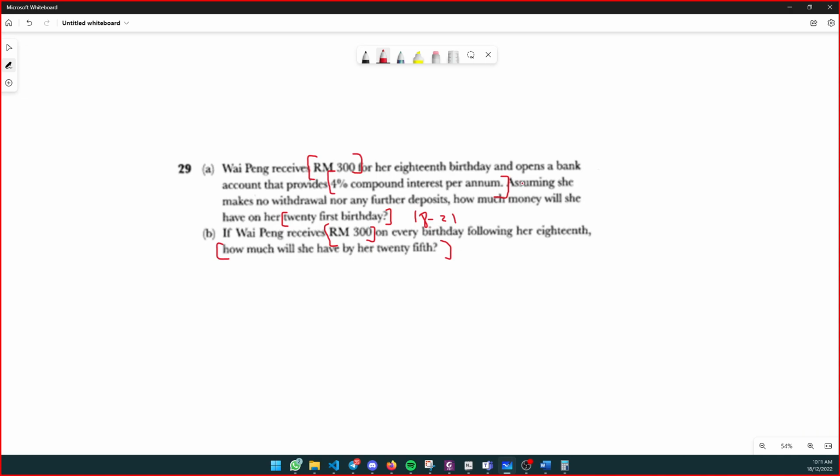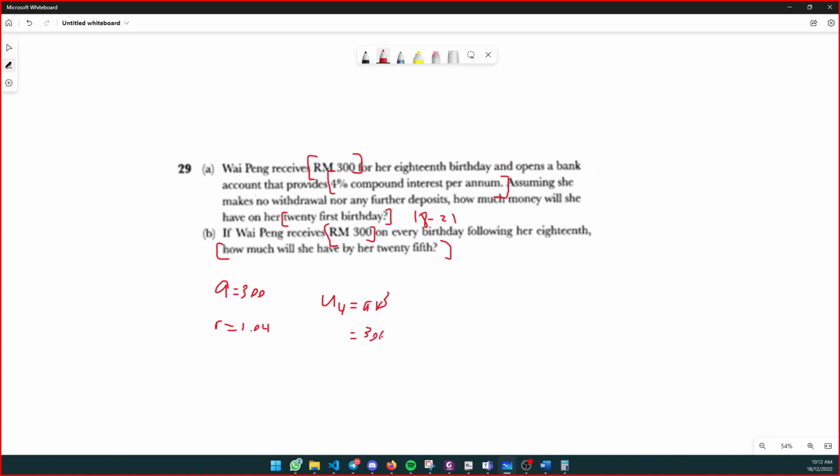Okay, the first part is actually still geometric. So your a equals 300 and your r equals 1.04. Then you can just do U4 equals ar^3.